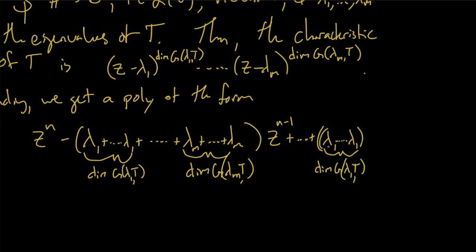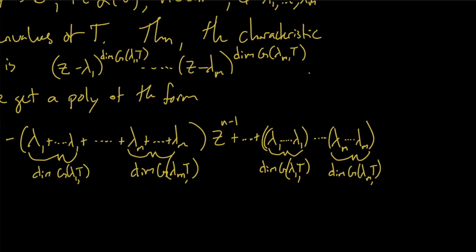Okay, and then more products all the way down to the last product, which is lambda_m multiplied by itself, repeated dim G(lambda_m, T) times, and this is the constant term. Cool. Oh, I guess I need a (-1)^n right there, just to be clear.